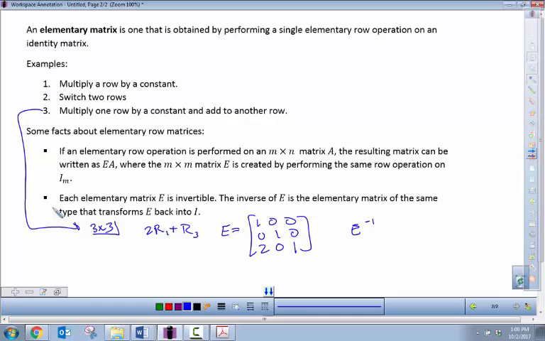So if it's the same type of transformation, what can you imagine we have to do to get this back to an identity matrix? So I would probably multiply the first row by -2, and add it to the third row.